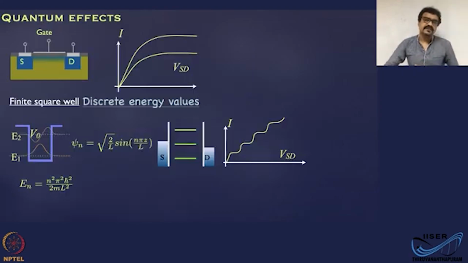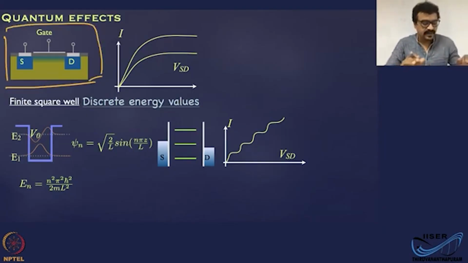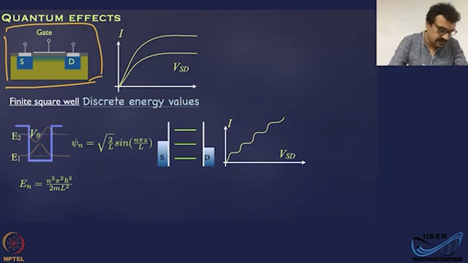Now there is an even more interesting problem that comes from confinement driven quantization, or confinement driven discretization of energy values. This cartoon here shows a typical MOSFET where you have a source region and a drain region and they are connected through some channel which I have shown here by the blue region.